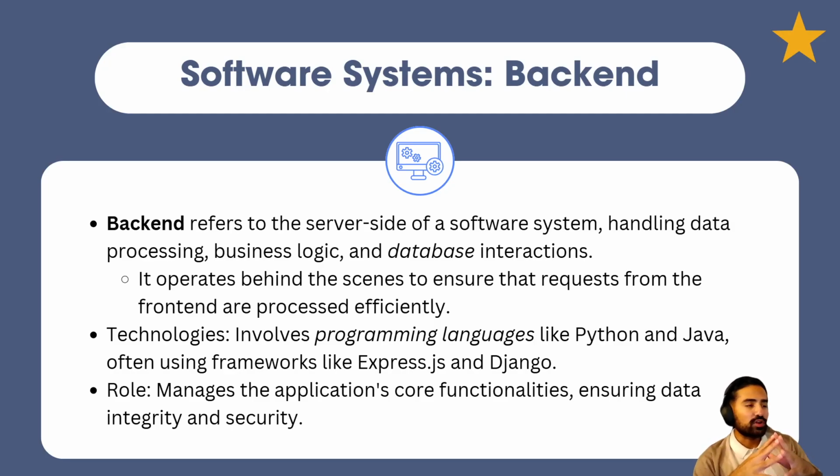There's Django as well. So many different programming languages. The role of a backend developer is to manage the application's core functionalities, those features. And of course, if we're handling data, we also have to ensure that the data is secure as well. We don't want to be sharing sensitive information to the wrong users.